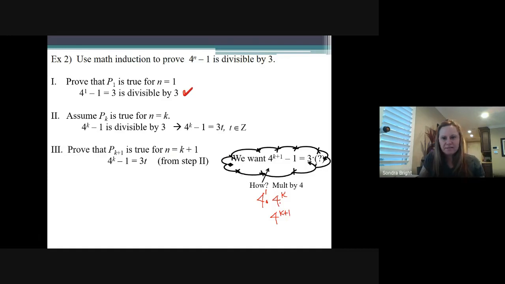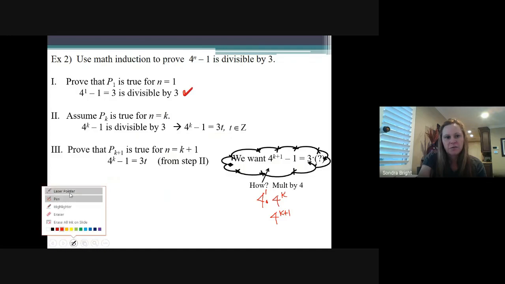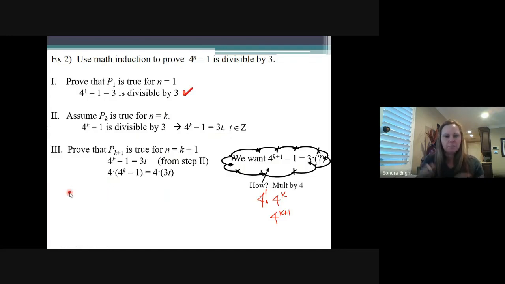You agree? By multiplying by 4, I'm going to get 4 to the k plus 1. But I can't just multiply the 4 to the k by 4. You have to multiply the entire left-hand side, and then you have to multiply the entire right-hand side by the same thing. This is an equation. I'm allowed to do something to that equation as long as I do it to both sides. So, multiply both sides of the equation by 4.